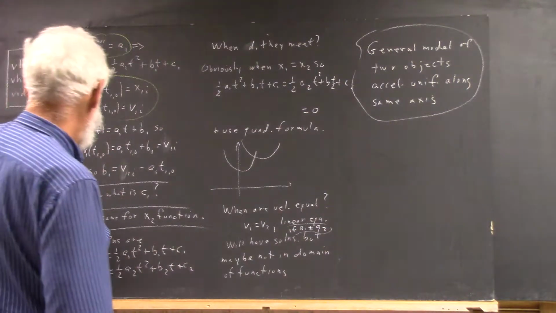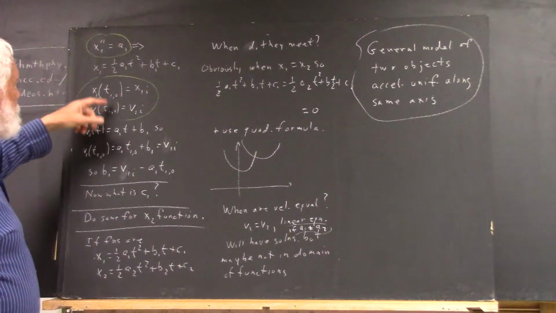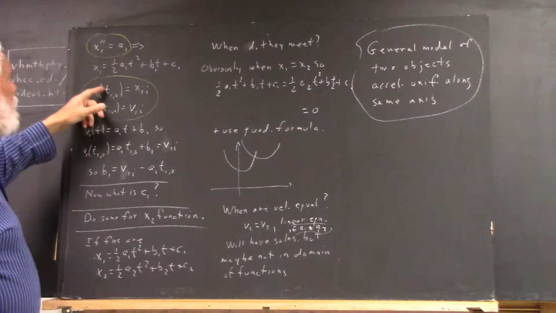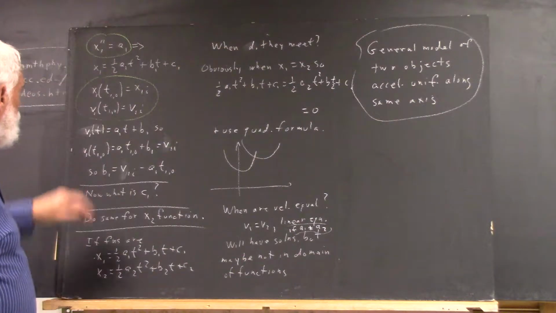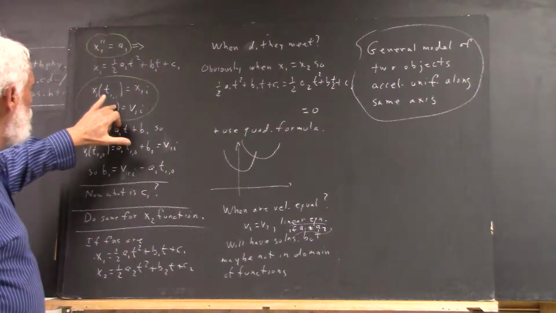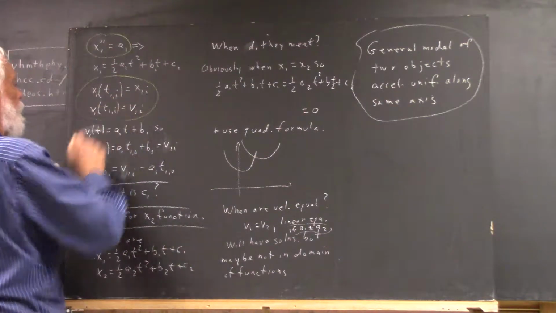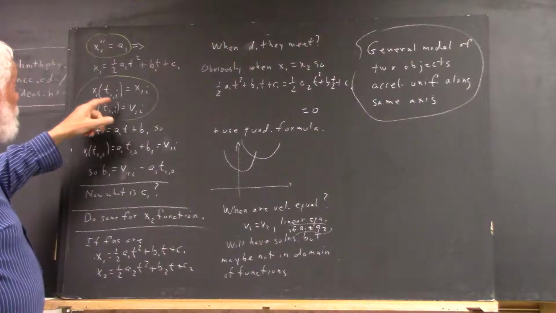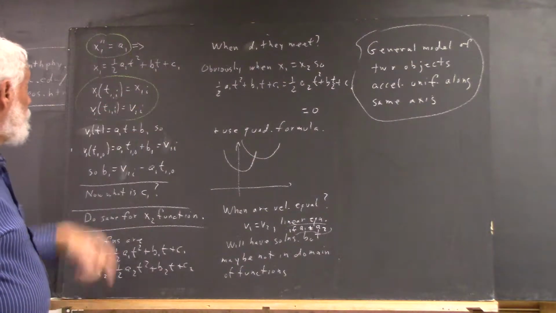Now, in the given situation, we said x1 at some time t1, and I say t1, 0. Really, I probably should have said t1i, and I'm going to change that 0 to an i. t1i is the time at which we know the position of this object.